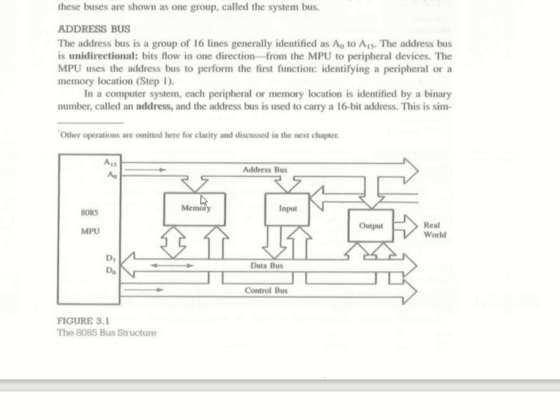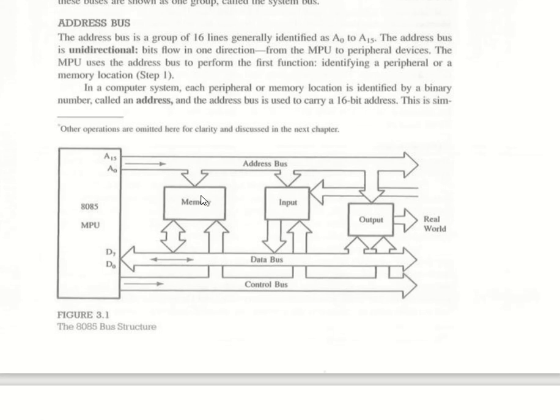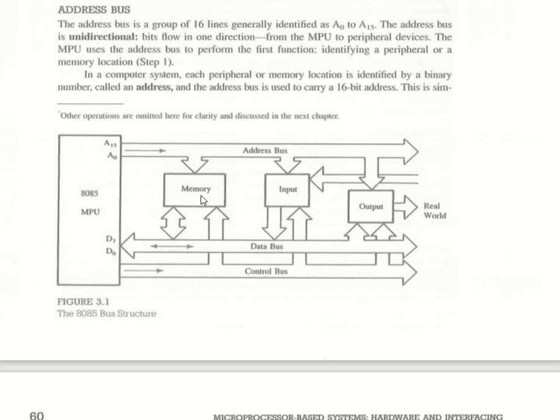That's why it has 16 pins like A0 to A15. So it's very similar to the address of your house, right? Your house can be identified by a number of schemes. For example, 32 Bleecker Street, right? 52 Bleecker Street. It can be in a lane identified by two digits of numbers or four-digit numbers, right? 4535 Times Square.